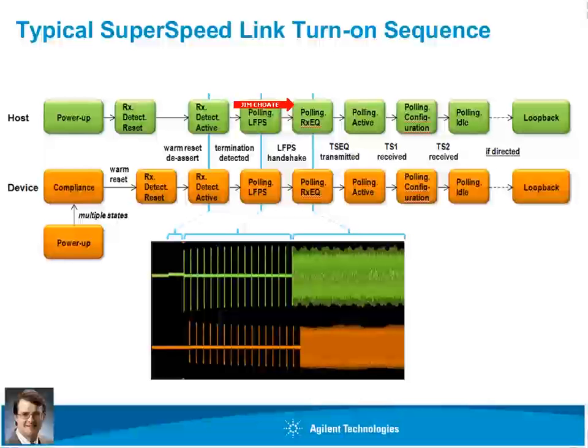And then once both sides adjust their equalizer for a sufficient amount of time, you start sending training sequence 1, training sequence 2, with a loopback bit set in training sequence 2, which is an indication to a device, host or hub transceiver to go into loopback mode. And once it's in loopback, we begin the testing of the receiver by adding jitter components at the required levels to make sure the receiver passes without any errors.